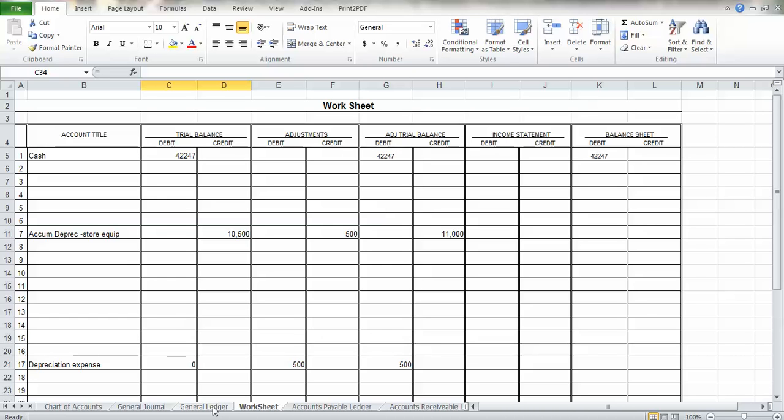If that seems all to be correct, go back and make sure you didn't miss a journal entry somewhere, and that all your journal entries have debits equal credits. If all that stuff is equal, then it has to work. So that's how you know that there's an error somewhere when your debits don't equal your credits.